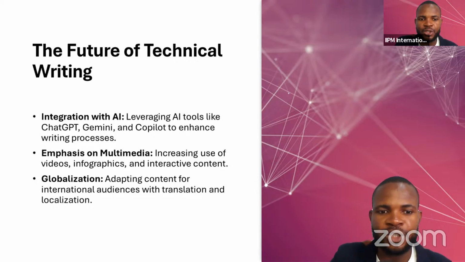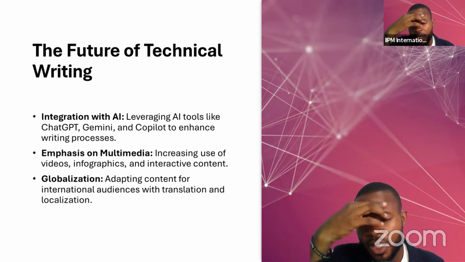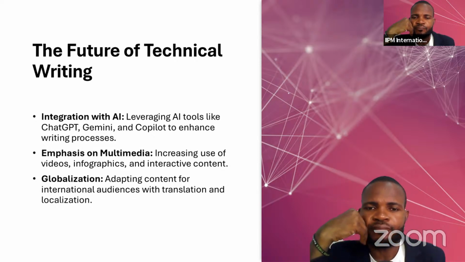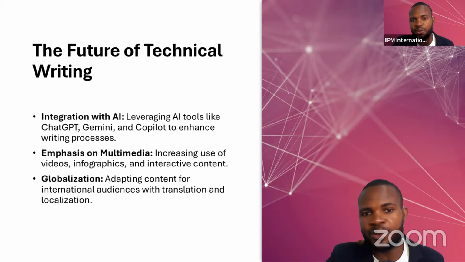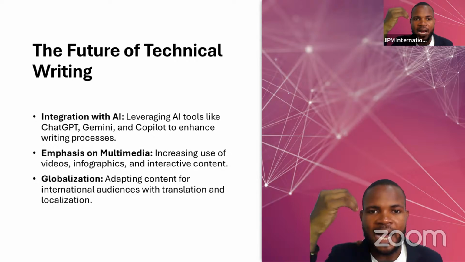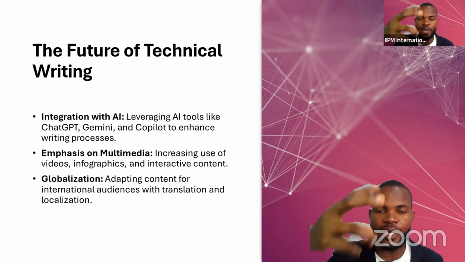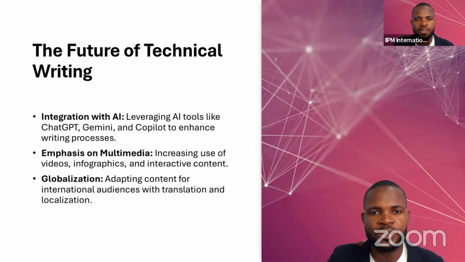Then we'll look at the issue of globalization, adapting content for international audiences with translation and localization. We already see this come into play. You can use some of these AI tools to write one content and then translate it into multiple languages. So I can write a book right now and feel that this book could sell in Brazil, this book should sell in India.